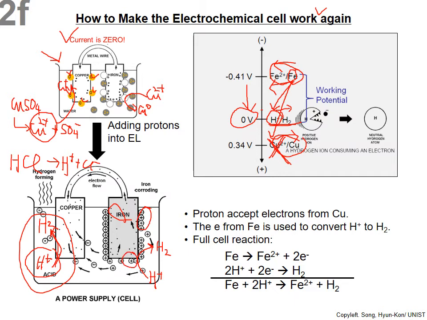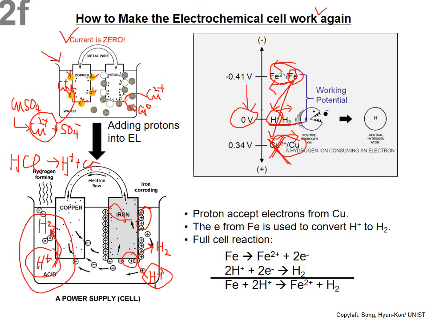So there would be electrostatic repulsive forces between the proton and Fe2+. So more probably the hydrogen evolution happens on the copper side.